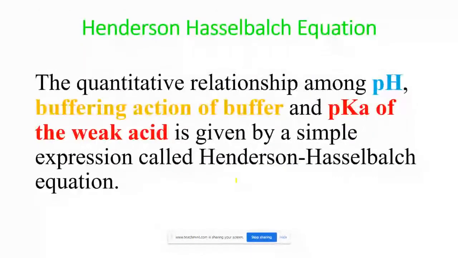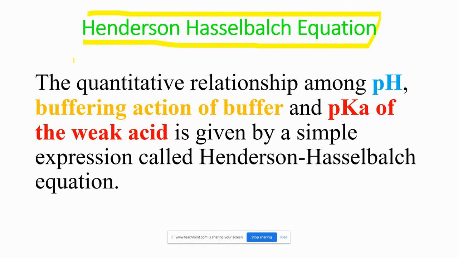So the next very important thing is the Henderson-Hasselbalch equation. You have studied this in your 11th or 12th standard in detail, but anyway we have to see what the Henderson-Hasselbalch equation means.